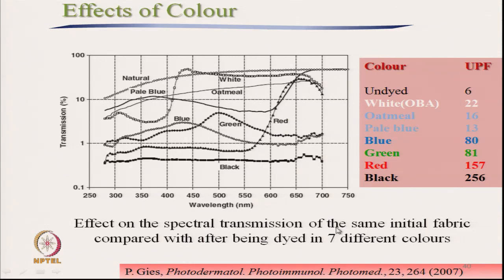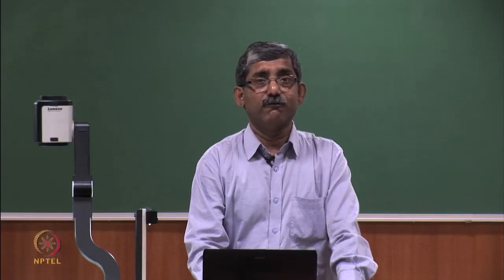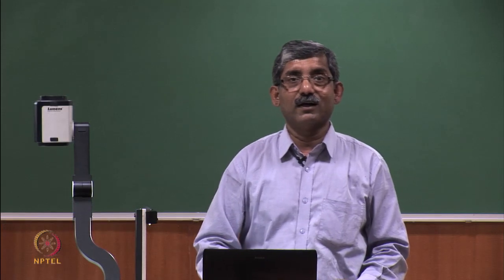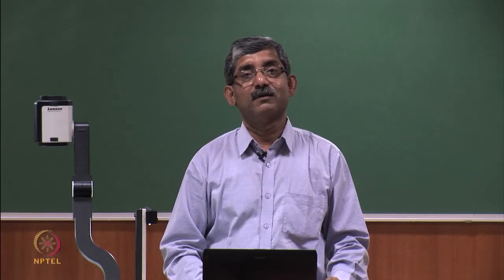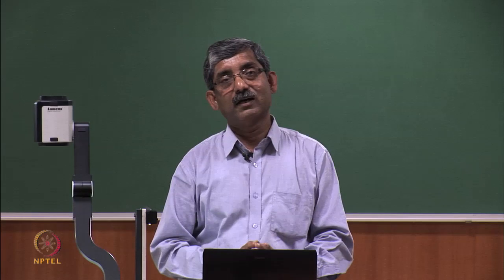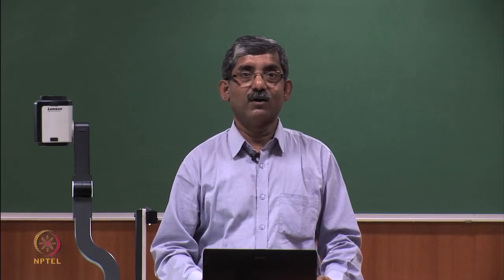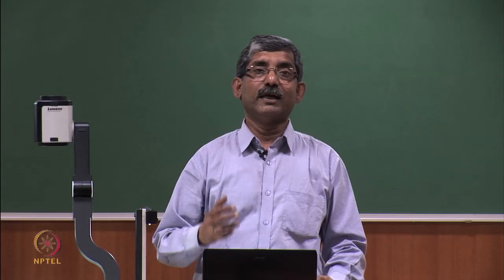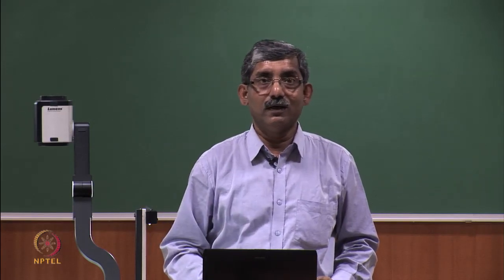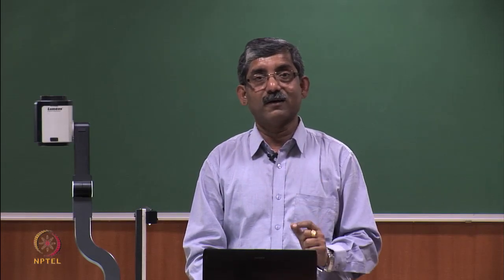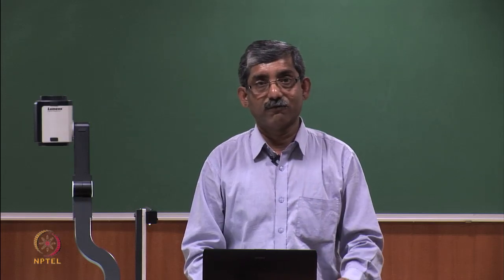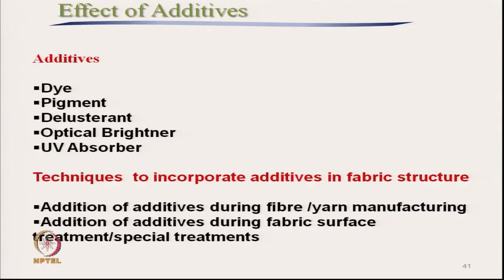Okay. So, we have discussed various factors which affect the UPF value. We have also discussed various parameters to define the UV strength, or how to characterize the ultraviolet protection factor, and there are different additives which will increase the UPF value.